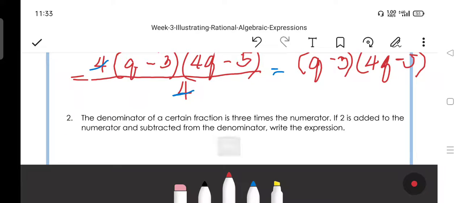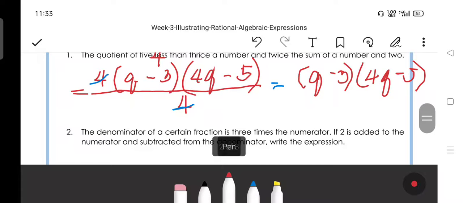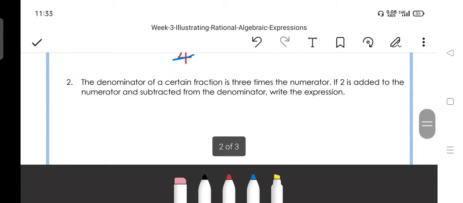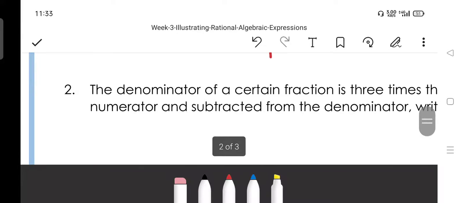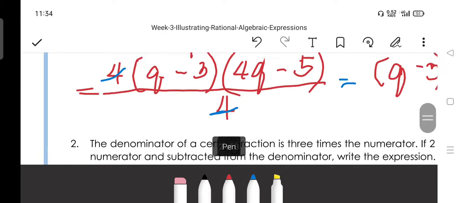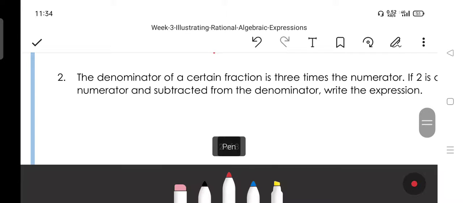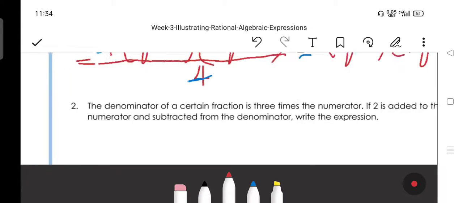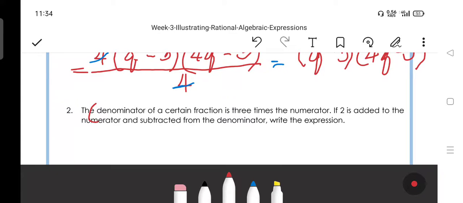So we have q minus 3 times the quantity 4q minus 5 is equal to 0.